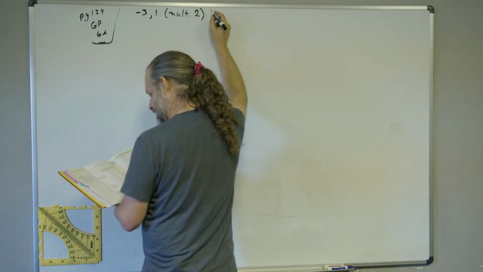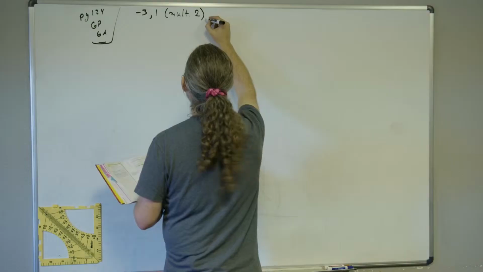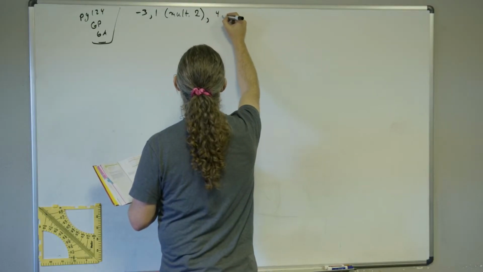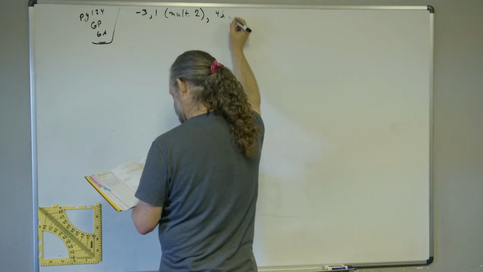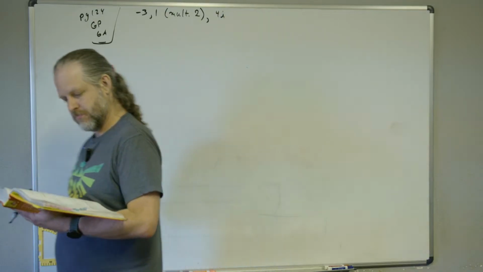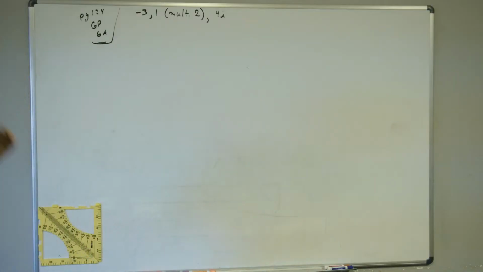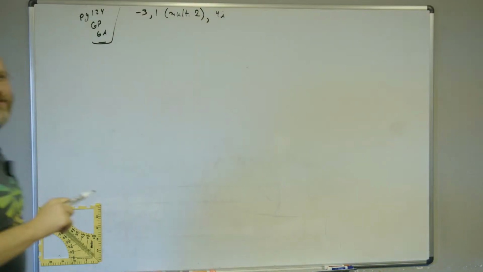I will show you in a minute. It has a multiplicity of 2. And 4i. Okay, so those are the zeros.